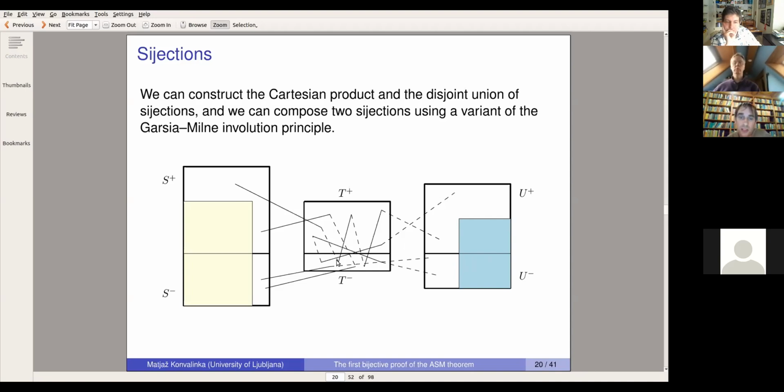Once in T minus, you use the first sijection again, which can either take you to S minus, in which case you found a matching between something from S plus and something in S minus, or it takes you back to T plus. You continue in this way, so you're going to be stuck in T for a while, but not forever because it's a finite set. So in the end, you have to be thrown out somewhere, and this gives you the composition.